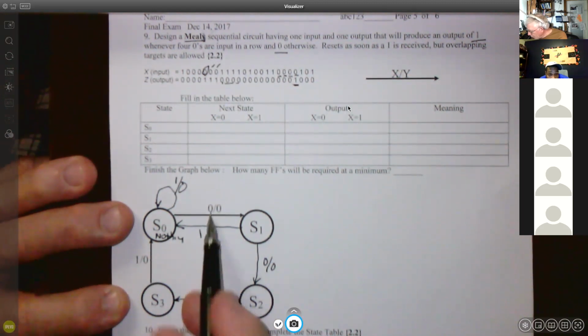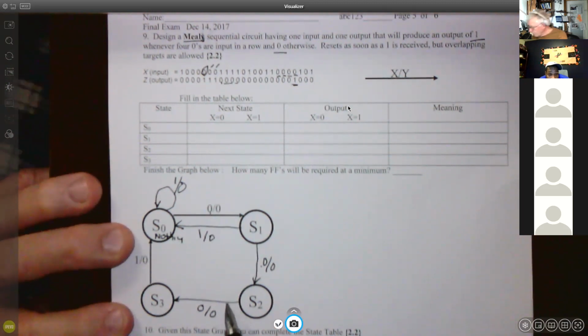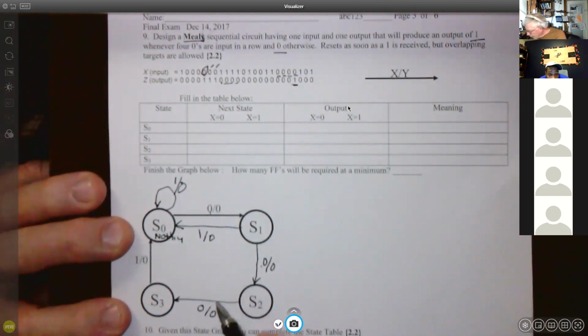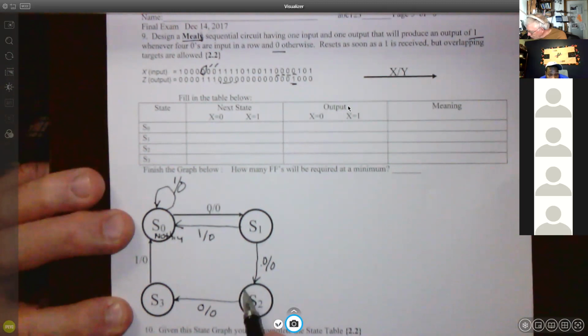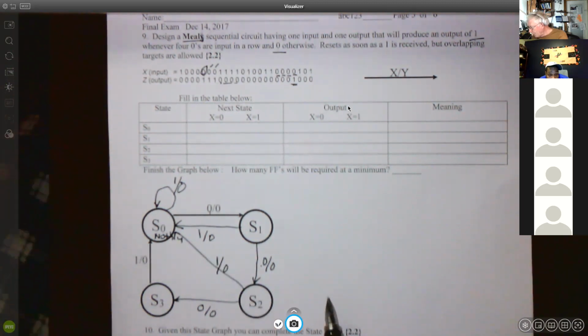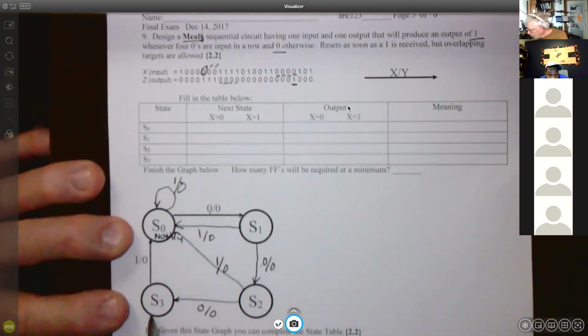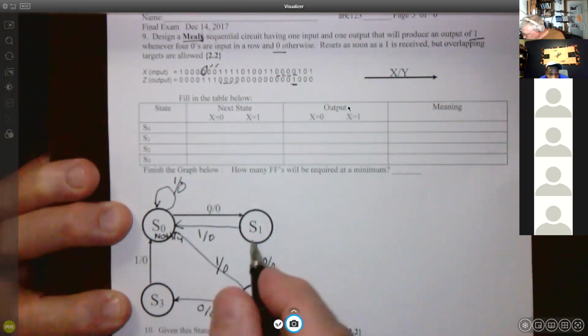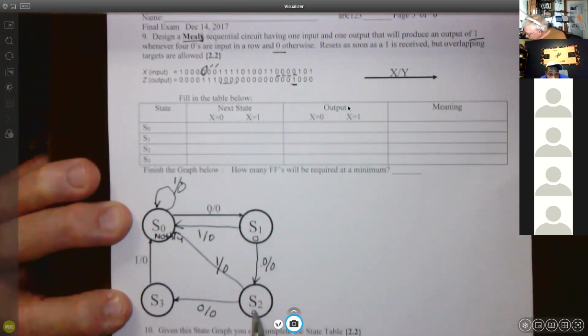But now we have 3 zeros in a row, so we're working on the 4th. If we get a 1, we go back to S0 and output a 0, because now we don't have any zeros in a row. In S1 we have 1 zero, in S2 we have 2, and in S3 we have 3.